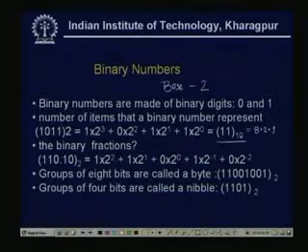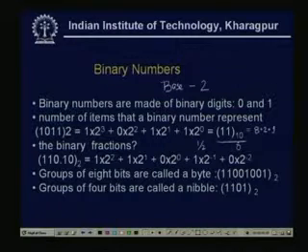Now, how do I get the binary fractions? Again in a similar way, 1 into 2 squared, 1 into 2 to the power 1, 0 into 2 to the power 0, plus after the decimal point 1 into 2 to the power minus 1, which is equal to half, 1 by 2, and the next is multiplied by 0, so it is of no meaning, it is 0.